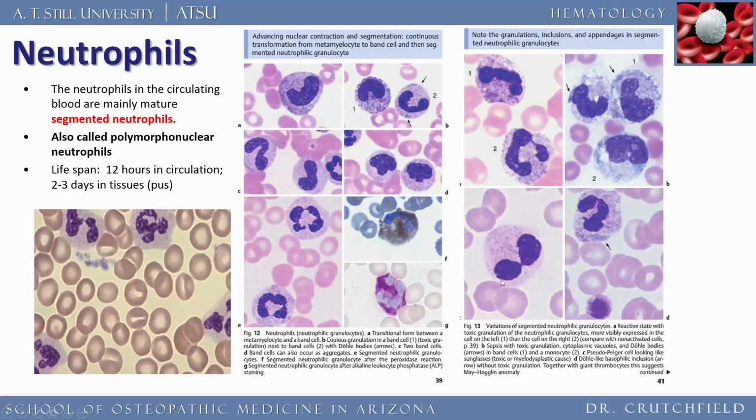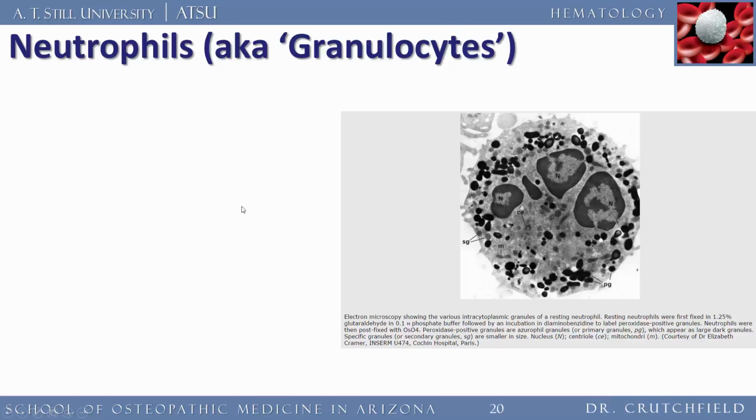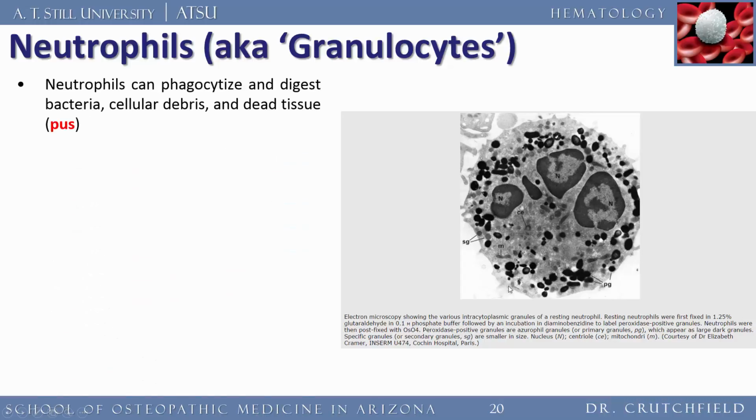These are some variations of the segmented neutrophils, but here again, bands, early segmentation, later segmentation, band. If we look at this under electron microscope, we can see that they have a lot of little granules in them. Here are the nuclei, which are segmented. So this is a PMN.